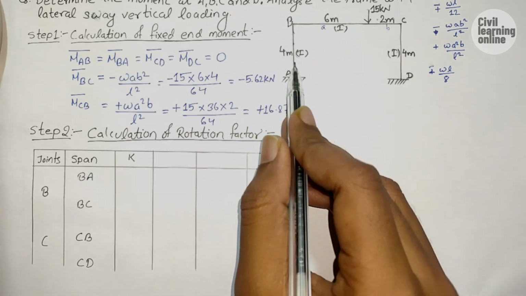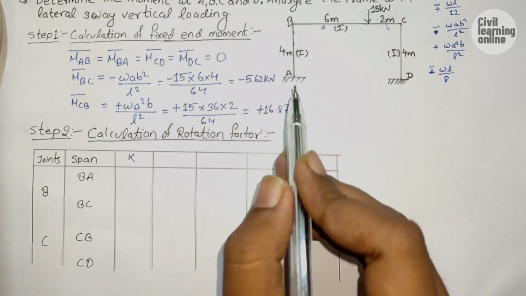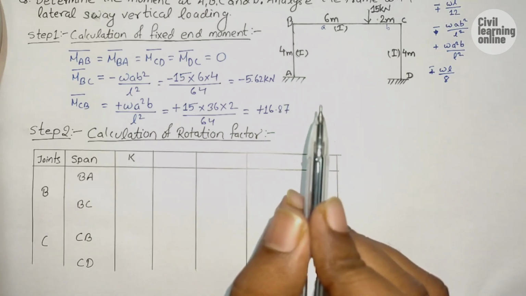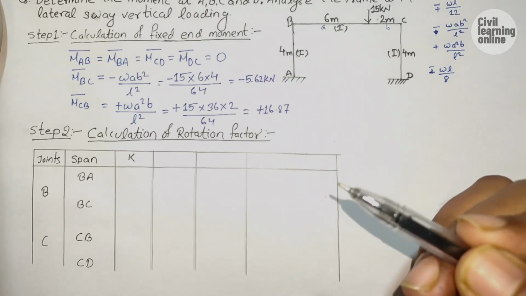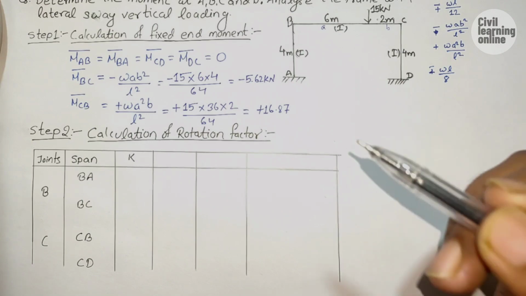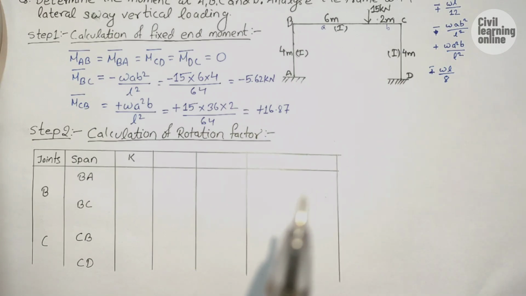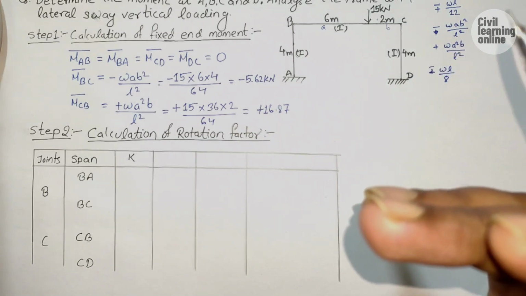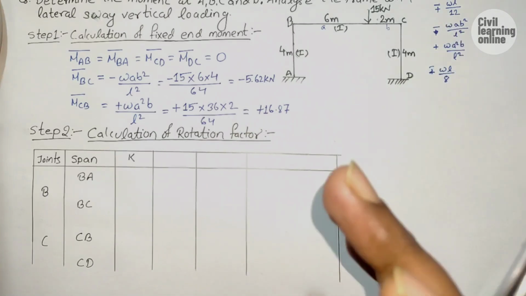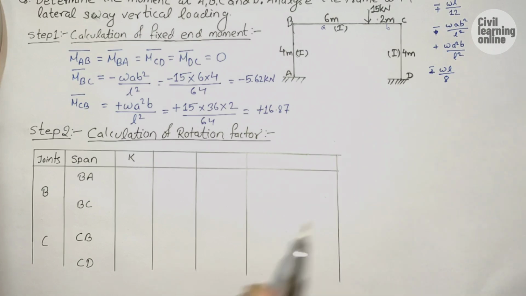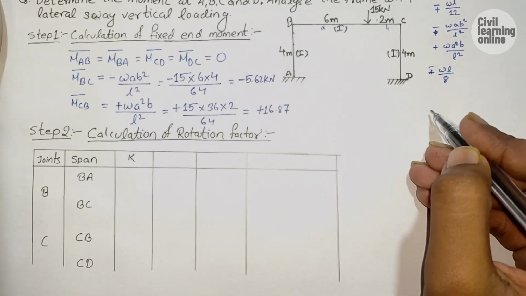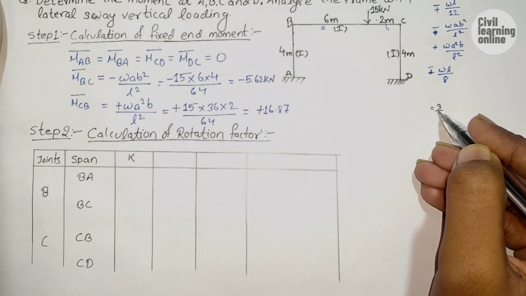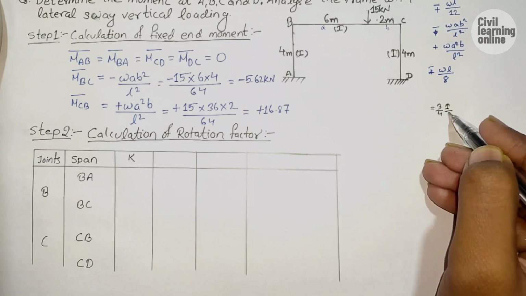If our fixed support is at the end, then we use the formula I upon L. If the hinge support is at the intermediate position, then we use I upon L. But if the hinge support is at the end of the beam or frame, then we use 3 by 4 I by L. If hinge support is at the end, then we use 3 by 4 I upon L.